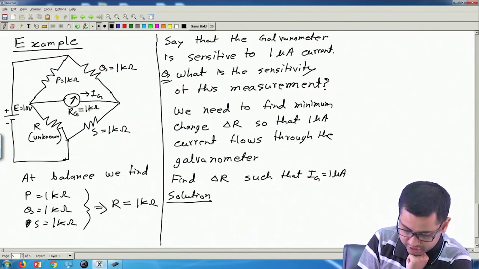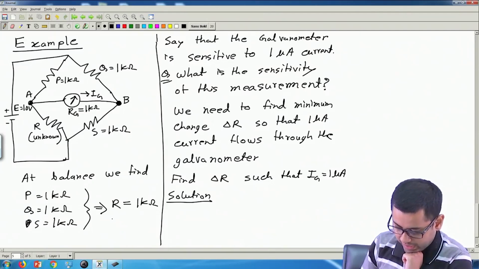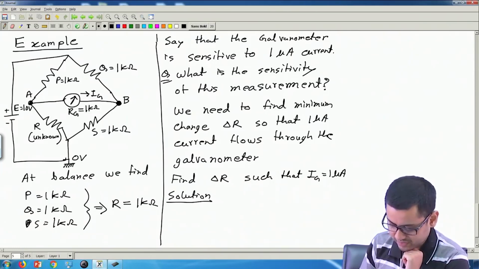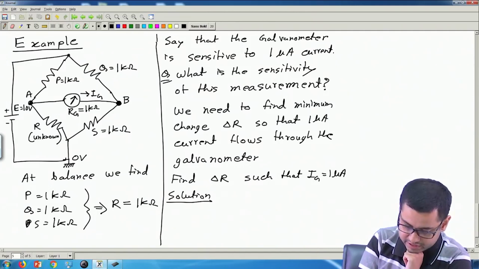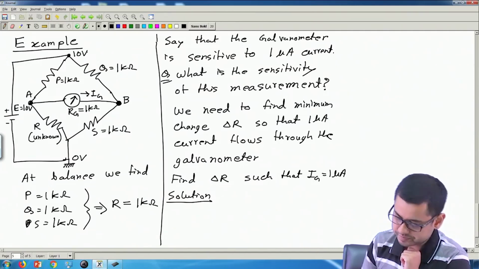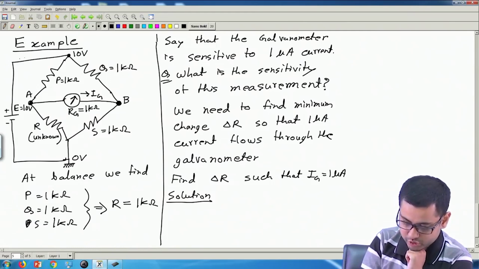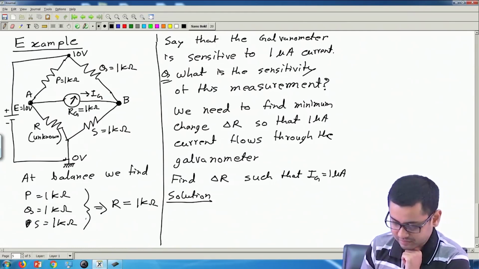Let us call this point A and this point B, and let us take this as the reference point, that means 0 volt point for calculation. So this point is at 10 volt. This is 0, this battery has an EMF of 10, so this point is at 10 volt.